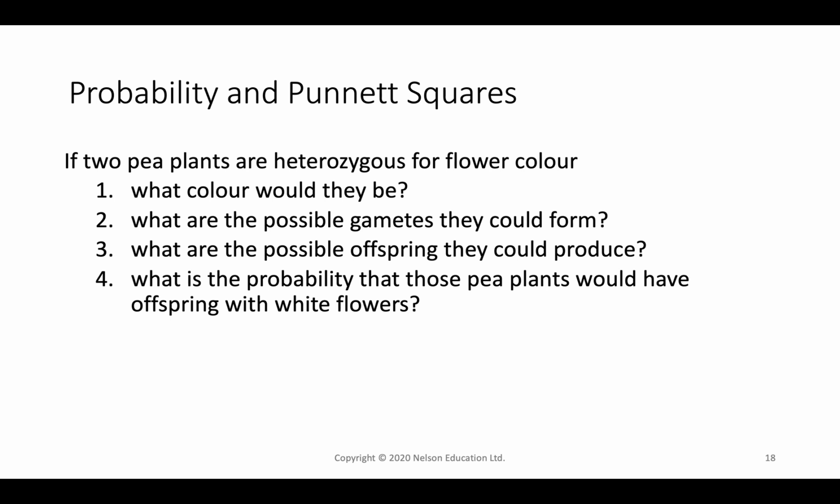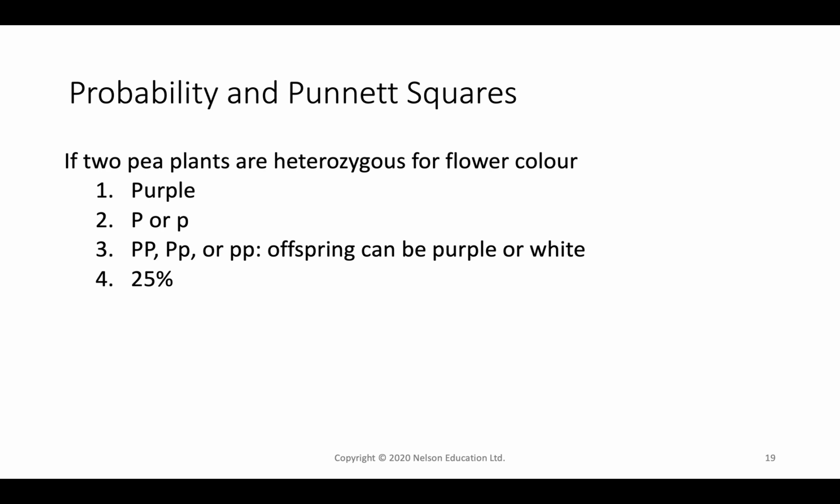We can have the heterozygote, and half of them will be the heterozygote. That's the 2 in the 1-2-1 ratio. And then 25% will be the homozygous dominant, and 25% will be the homozygous recessive. Again, those are the 1s in that 1-2-1 ratio. And the probability that pea plants would have offspring with white flowers is only 1 out of the 4, right? 3 are going to be purple, 1 is going to be white.